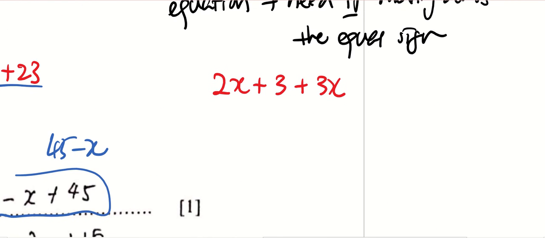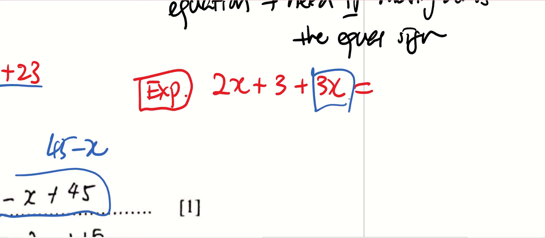This is an expression because there is no equal sign. Now I add in my own equal sign, because I need to simplify this. When it's an expression, I group these two terms together. Some of you drew an arrow to tell yourself that you need to group these two things together. So I'm moving the 3x beside 2x.